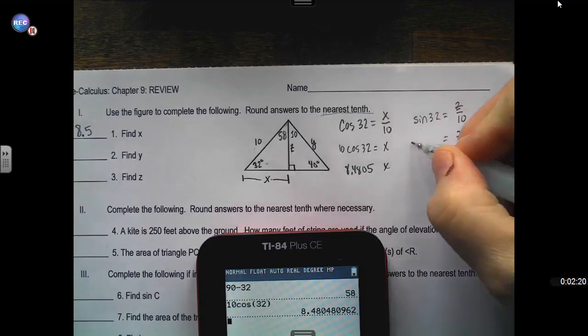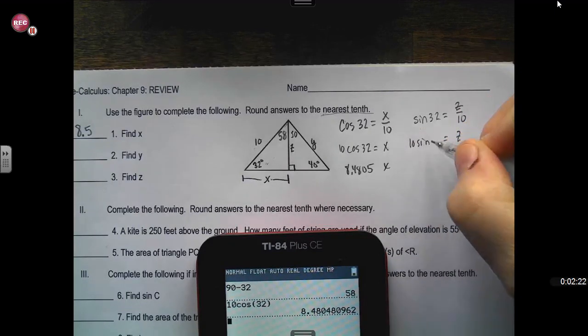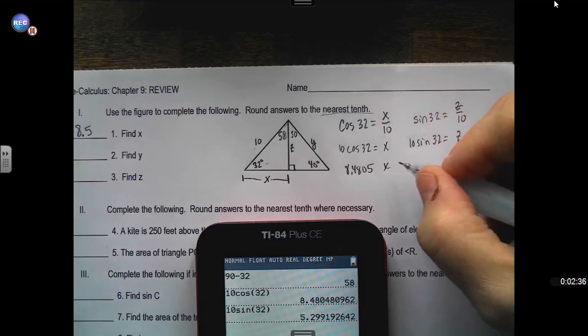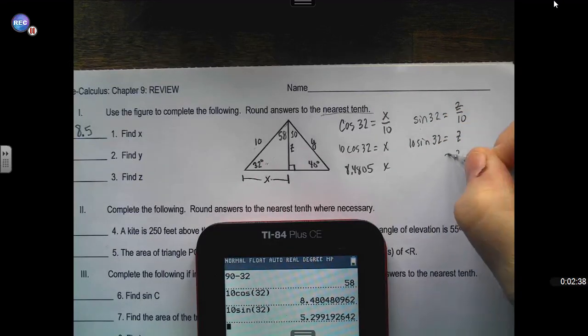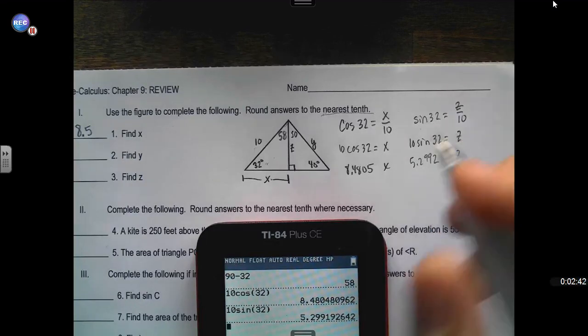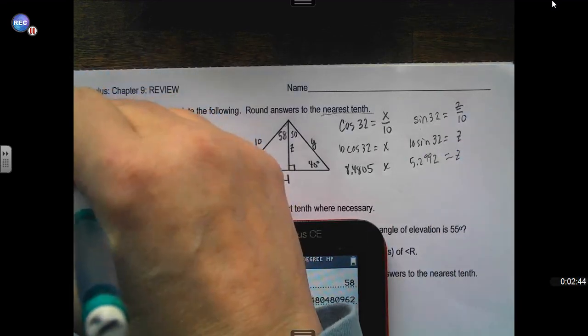So Z is 10 sine 32, and I get approximately 5.2992. So we'll call it 5.3.